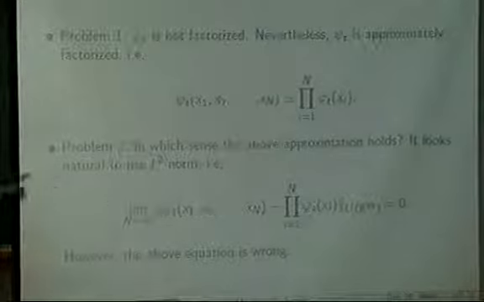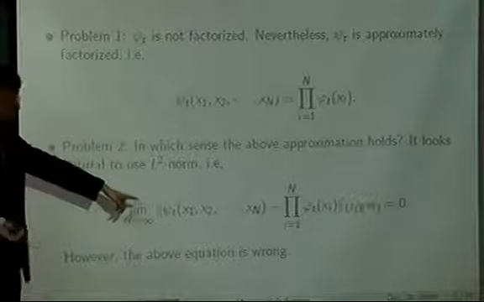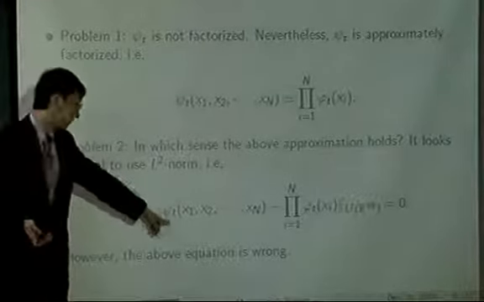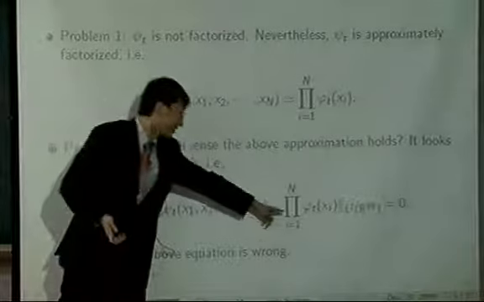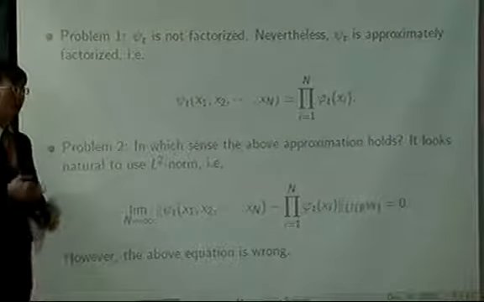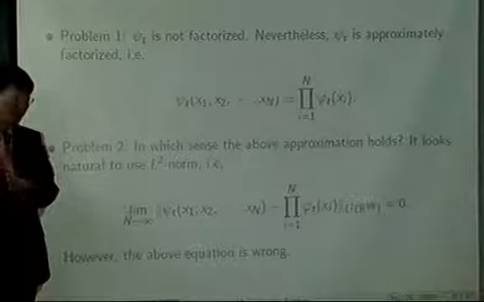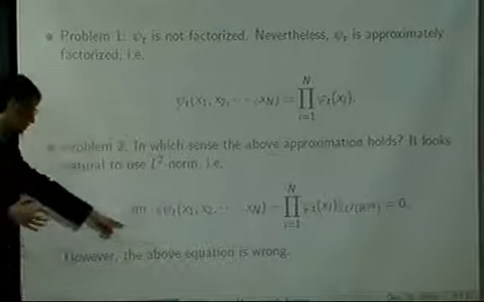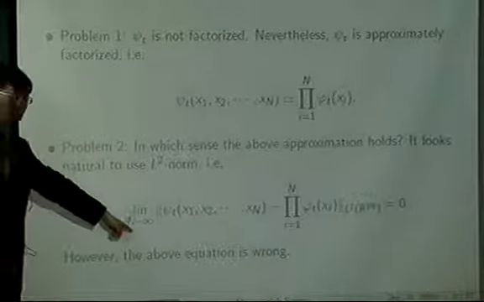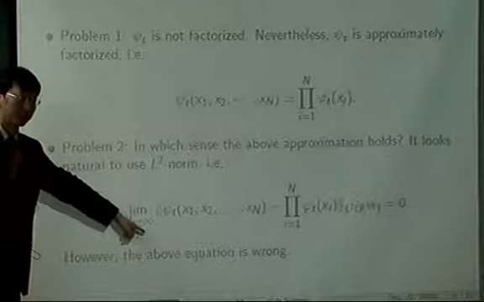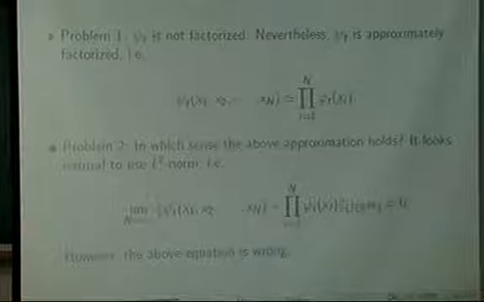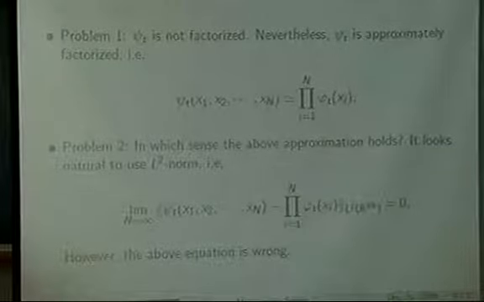So the first guess is that psi t minus this product will converge to 0 in the L2 norm as n goes to infinity. Unfortunately, this is wrong. In many problems, taking the L2 norm cannot give anything, so it is usually wrong.